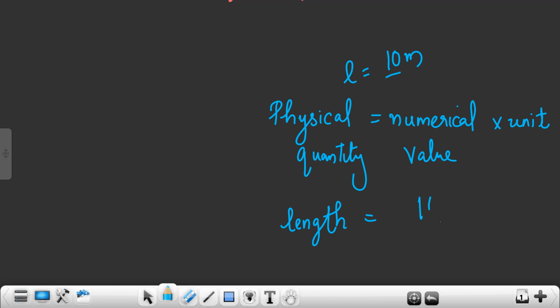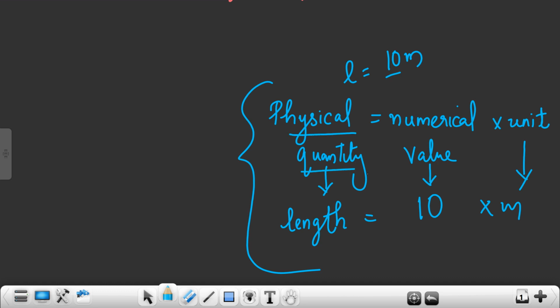Then 10 is the numerical value and meter is the corresponding unit. This is how we can express a physical quantity, in terms of numerical value and unit.